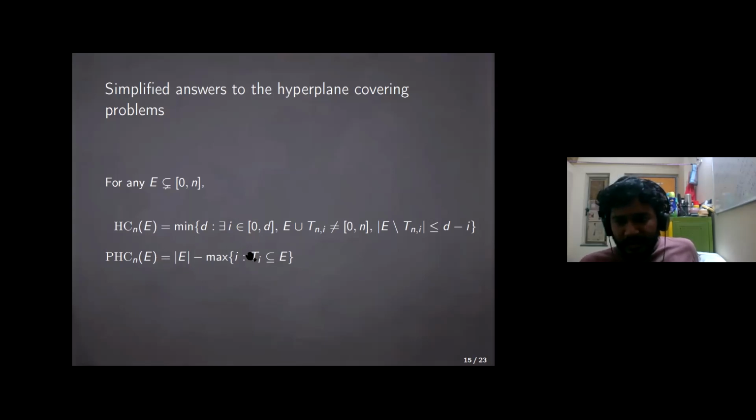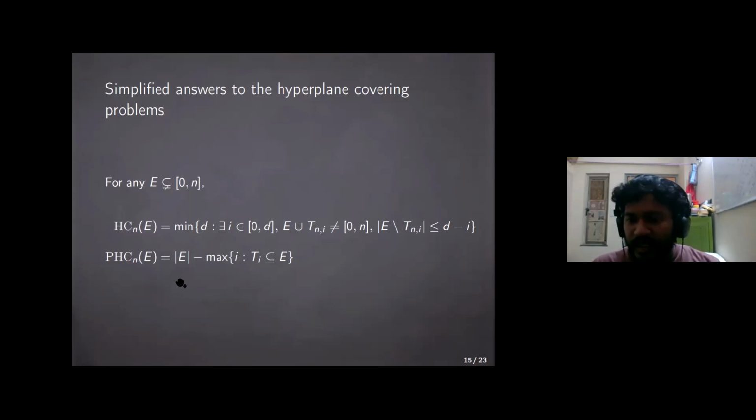All it says is if you want to find the smallest size of a hyperplane cover that properly covers the set E, simply look at the largest union of initial and final segments that is contained in E, of length I, and just subtract it from the size of E. That's equal to the size of the smallest cover. That's it. So this is the neat characterization, and it might not be obvious for HC, but for PHC it's really obvious.